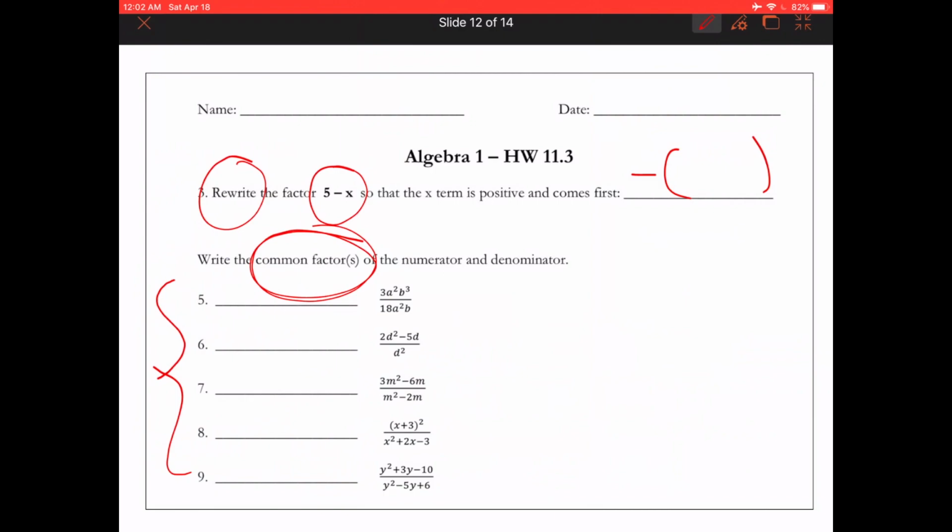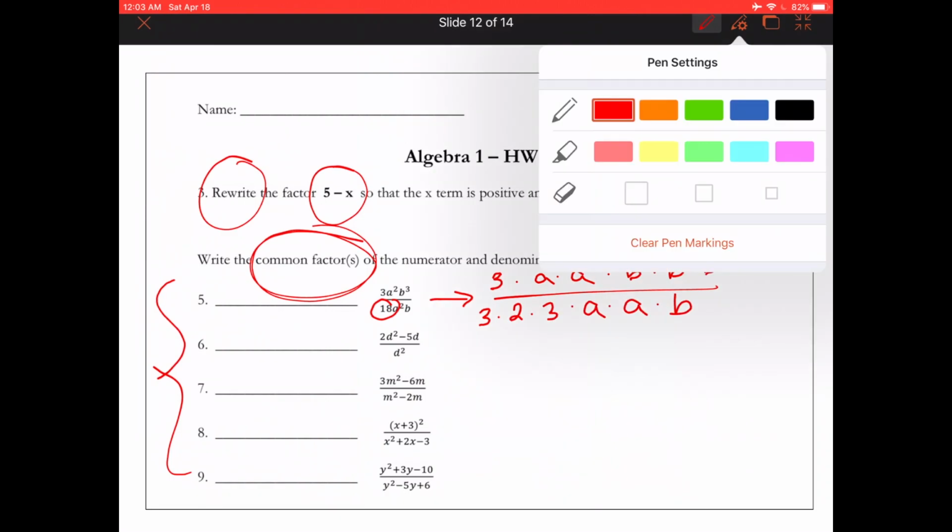So for example, in number 5, in the top, this would be 3 times A times A times B times B times B over 18 would be 3 times 2 times 3 times A times A times B. Okay?